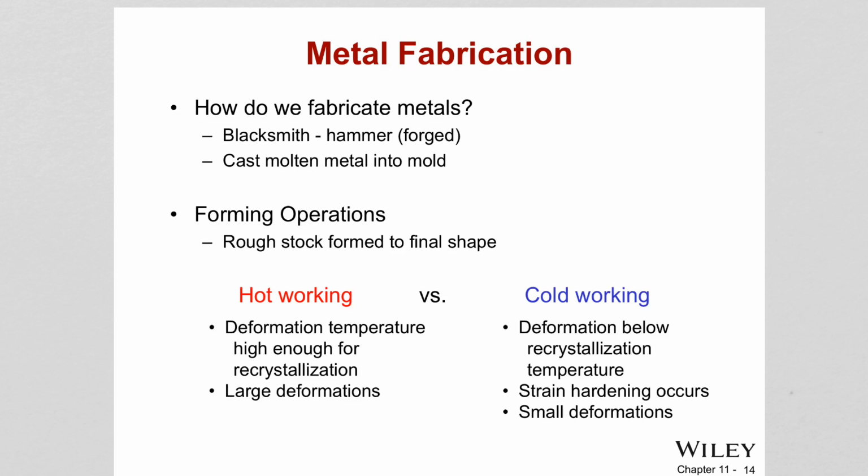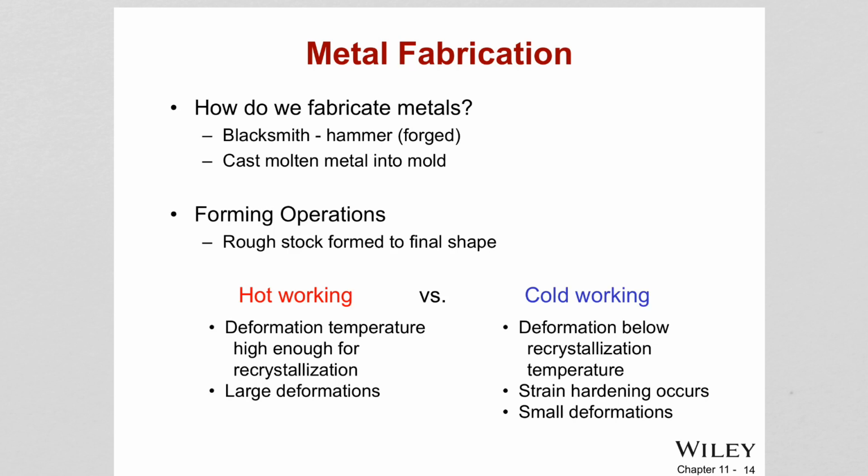These processes can be done at cold temperatures, meaning at room temperature. We call it cold working. They can also be called hot working, meaning you work at temperatures near the recrystallization temperature of the material, higher temperatures.